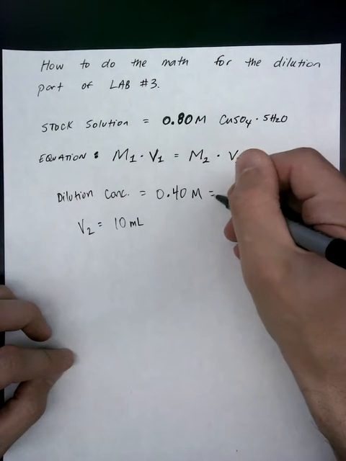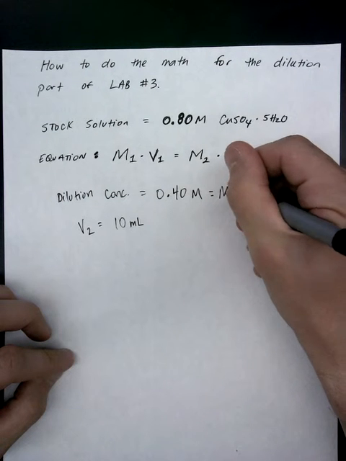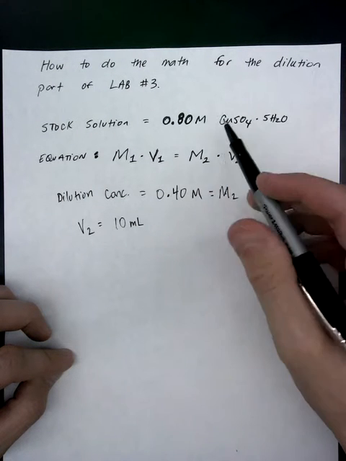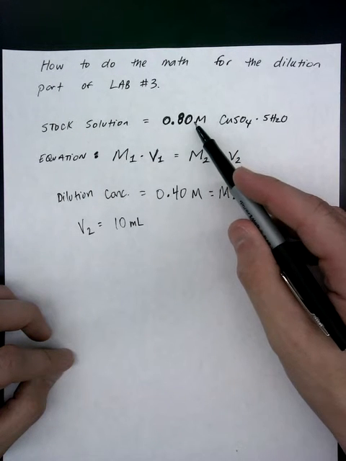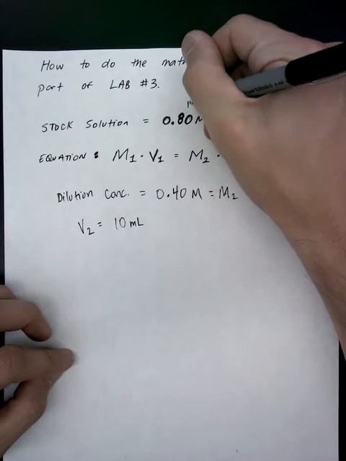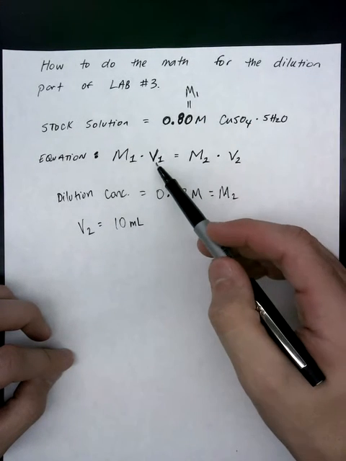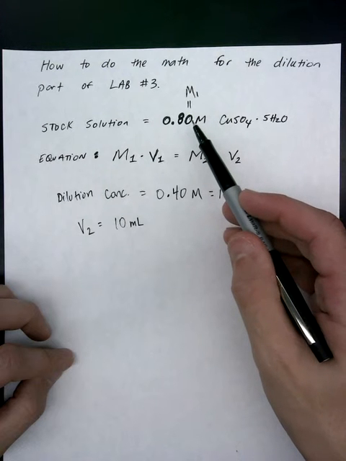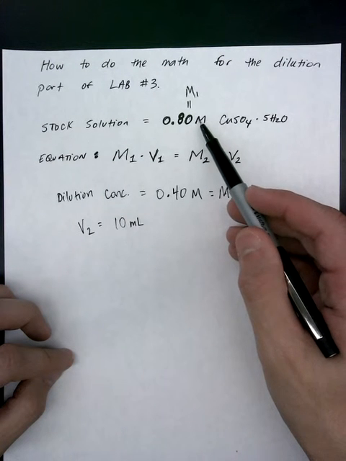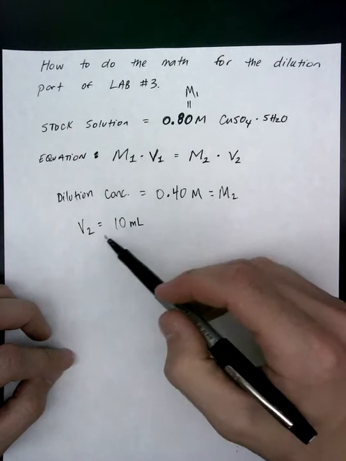Therefore, we're calling this the M2, or my second molarity. My stock solution at 0.8, that's going to be my M1. So the only thing I don't know now is V1, which is how much of this stock I take and then add some water to it to get it to be 10 milliliters.